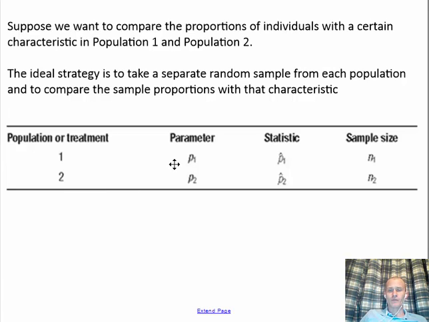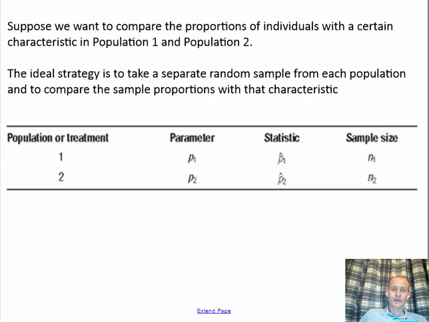So for population number 1, we have our population parameter, our proportion. And for population number 2, we have our proportion for that as well. From each of those, we can take a statistic. So we have p hat sub 1 and p hat sub 2, and our sample sizes, n sub 1 and n sub 2. Those are just some variables that you're going to see popping up from time to time, so you want to get familiar with that type of notation.